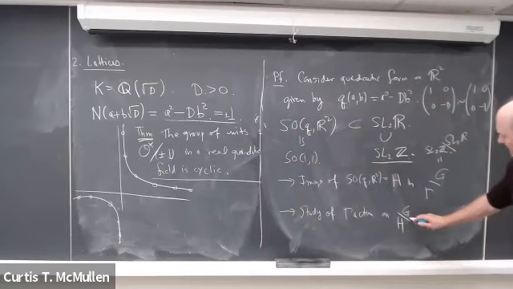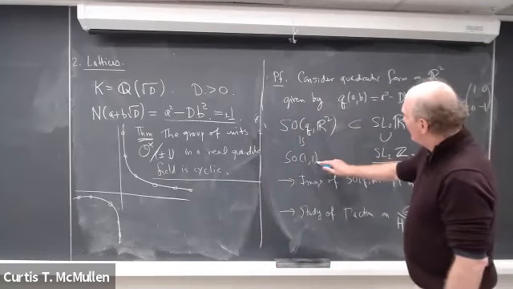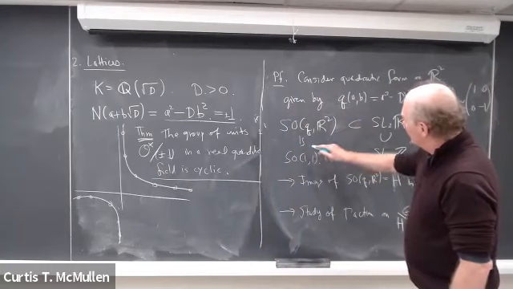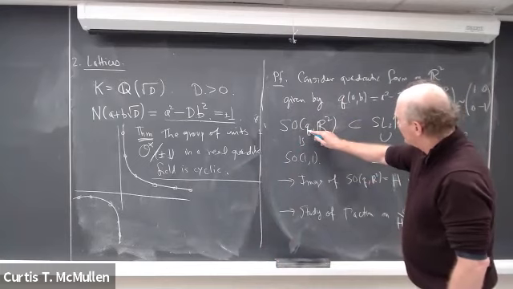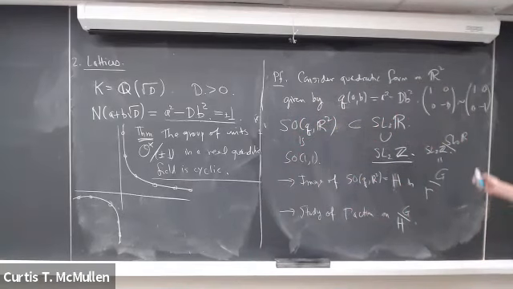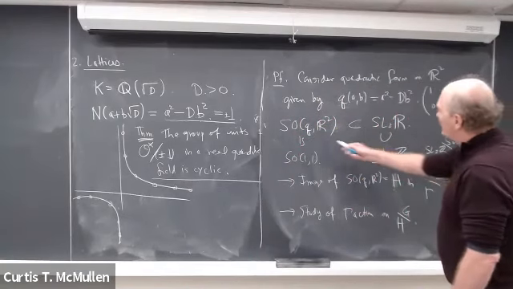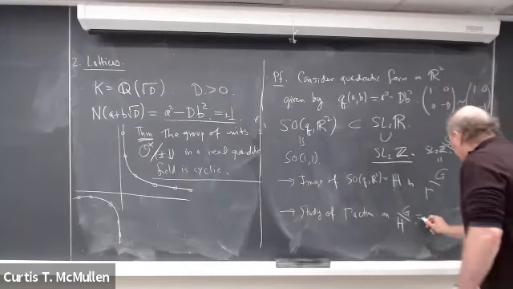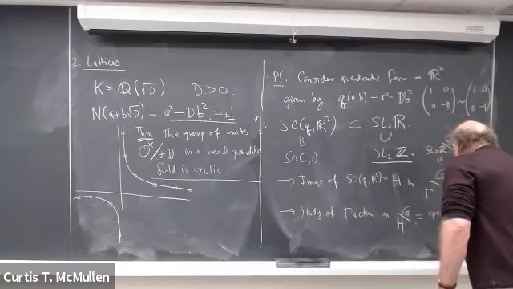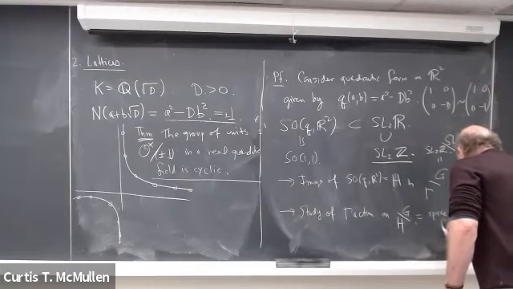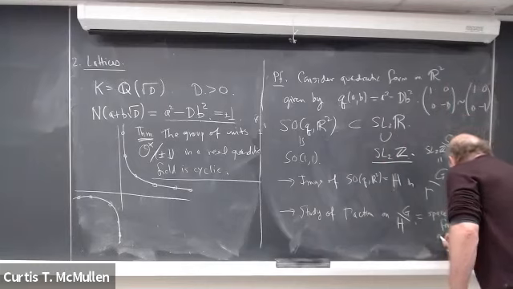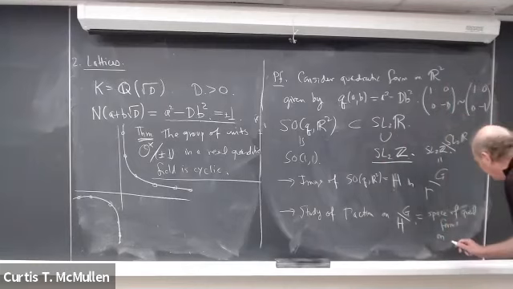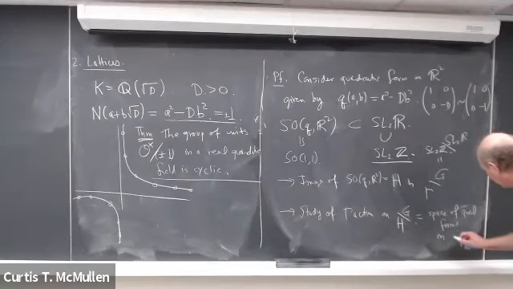And what is G mod H? SO(Q) is a particular form of signature (1,1). H is its stabilizer. The determinant 1 quadratic forms are a homogeneous space for the action of SL2R. So this is the space of quadratic forms on R2 of determinant 1.